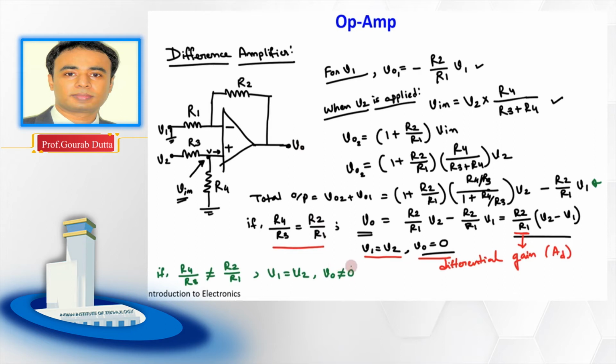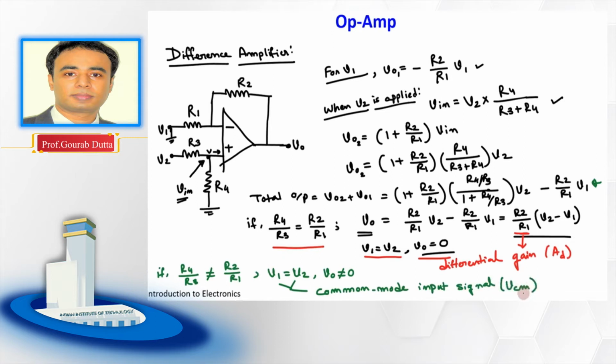So these two signals V1 and V2 in that case are called the common mode input signal, right? And it is denoted by the symbol V of Cm.